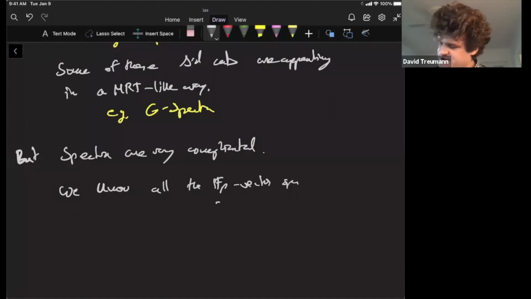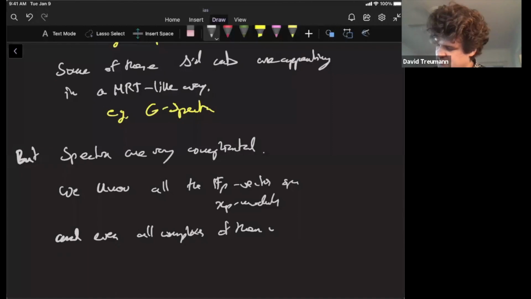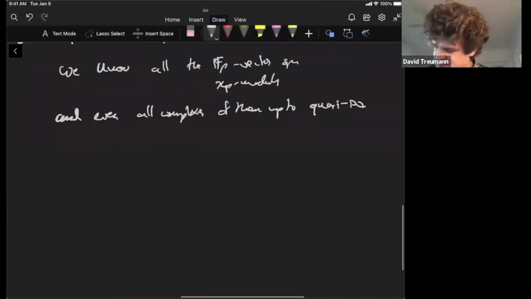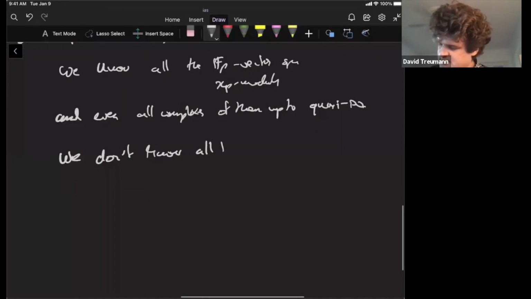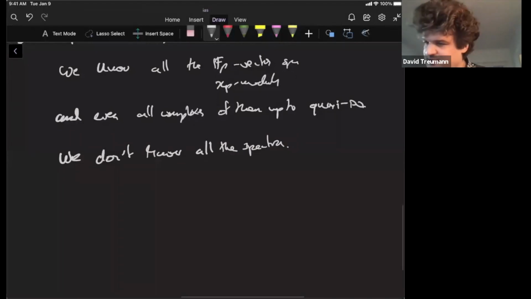We know all the Z_p modules. And we even know all the complexes of them up to quasi-isomorphism. But we don't and we can't know all the spectra. That's kind of too tall of an order. So maybe it's premature to bring representations into it.